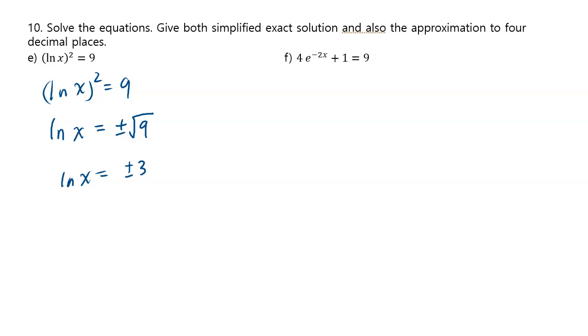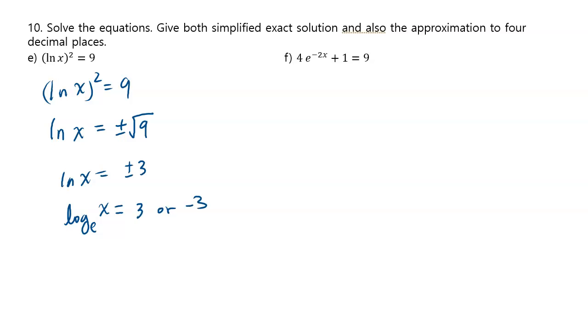And then, what is ln? That's log with base e. E is what we call the natural number, or Euler number. Its value is like 2.7 something. Actually, this turns out to be pretty important in finance. Okay, and this is either 3 or negative 3, right?